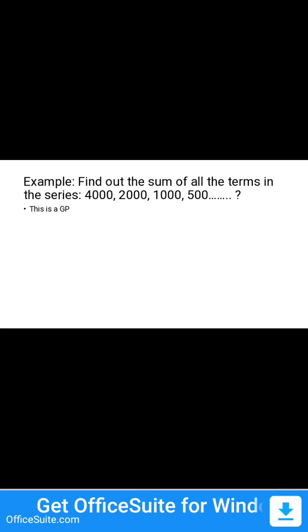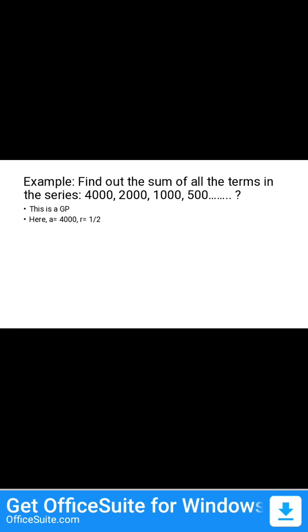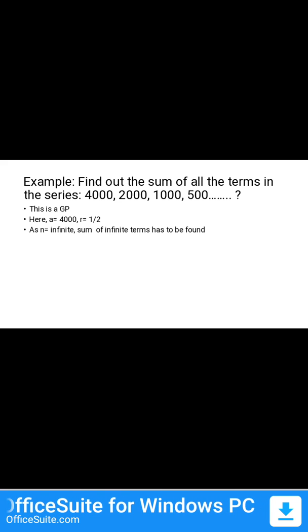Again, you will understand that this is a GP. Here a is equal to 4000. The common ratio is equal to 1 by 2: 2000 divided by 4000, 1000 divided by 2000, 500 divided by 1000.